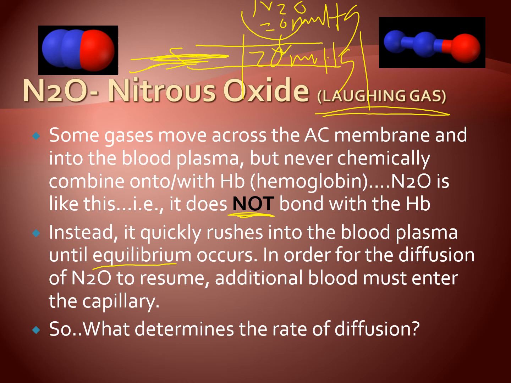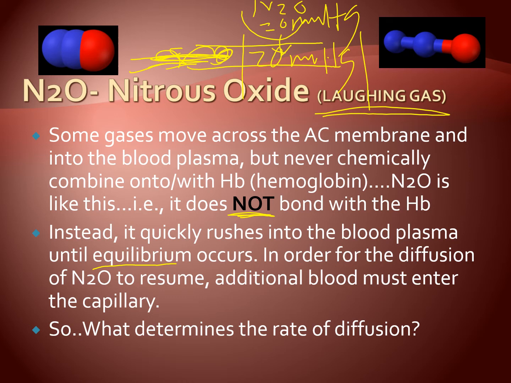The only thing that limits that diffusion is how much perfusion there is. So the only thing that limits how much of this gas goes into the blood is how much perfusion, and that's why it's called perfusion limited, right? So the only thing that will limit the amount of nitrous going into someone's bloodstream is how much blood is going through there.